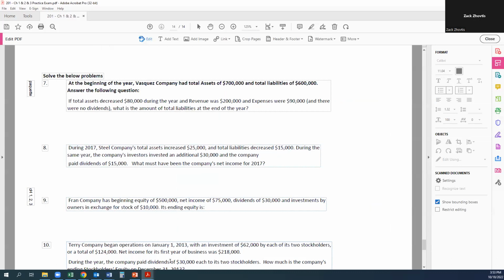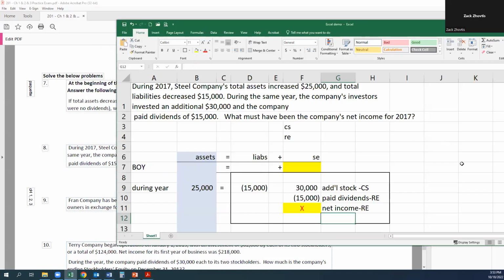Wait, how did you get 25,000 again? So it told you net income? It has to tell you, so on this side of the equation, it's 25, the left side, the asset side. Okay. That means the total of all of these four numbers has to equal 25,000.